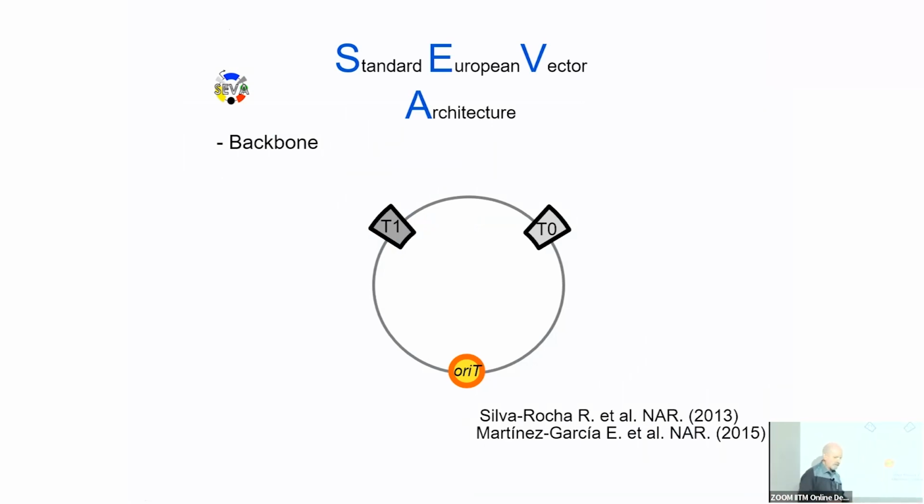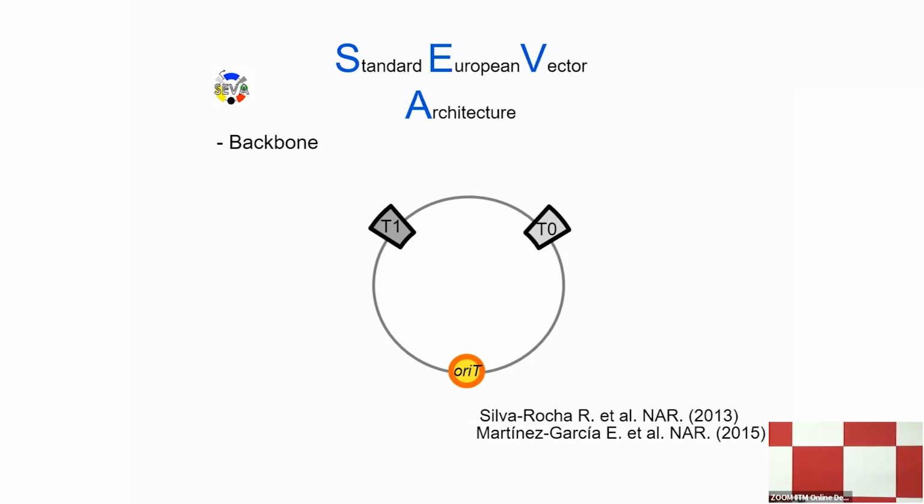An origin of transfer enables these plasmids to be mobilized through conjugation from one host to the other. This is important because some microorganisms are very difficult to transform through chemical means, and the way to make them get external DNA is through conjugation.